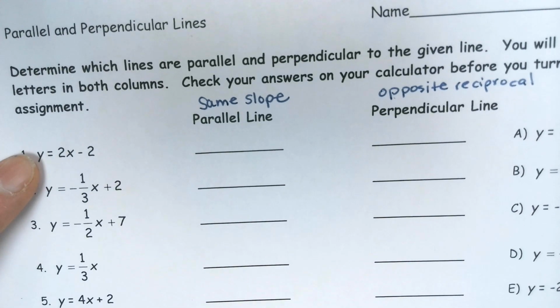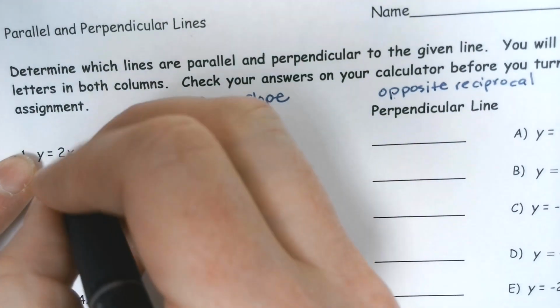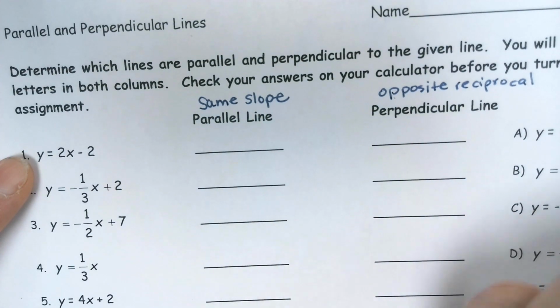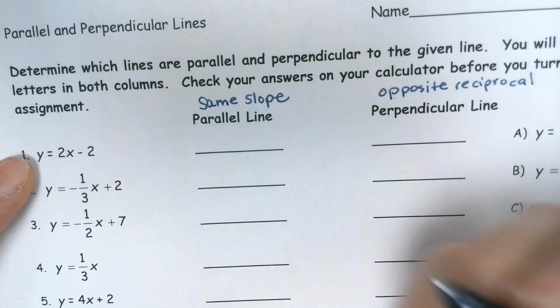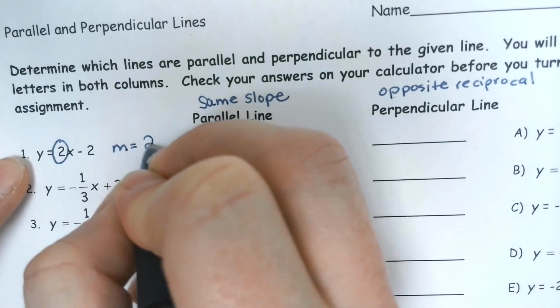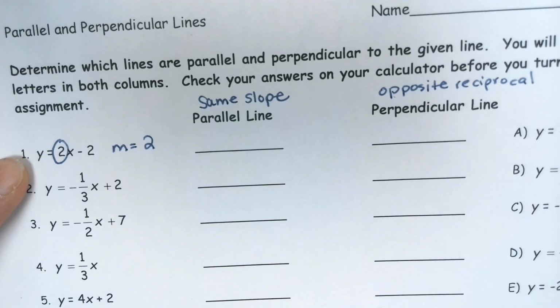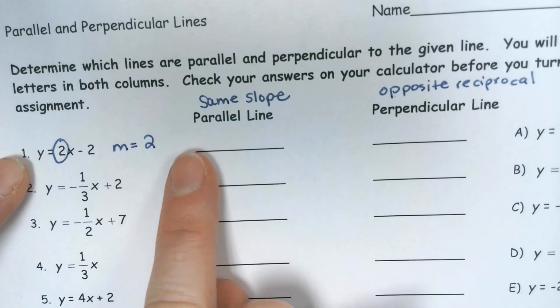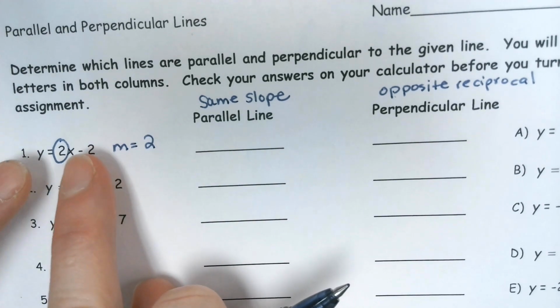So the parallel, go ahead and you can either highlight or write what the slope is and then write what the perpendicular one is. I'm going to circle it and write m equals 2 right here. If you want to highlight it, you can. It's up to you. So you're going to look for the parallel line to this.